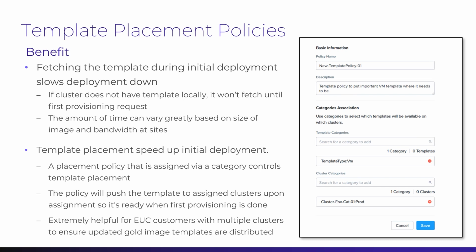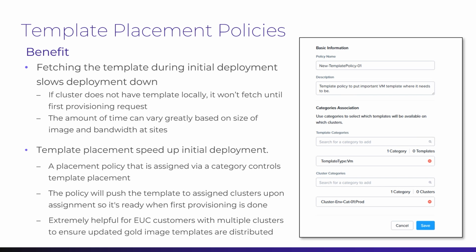Shortly after you create this policy, it'll begin pushing it out to any clusters that it was assigned to. That way, when you go and deploy the template on those, unless you do it seconds later, the template data will already be there.